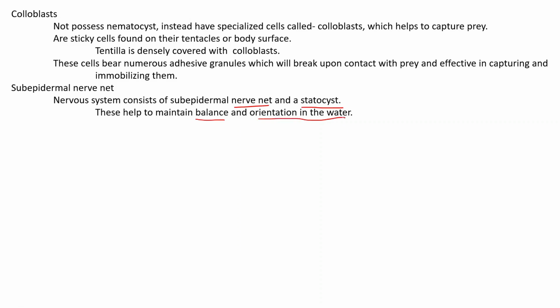And what about its orientation? What is the proper way of its orientation? That is all determined by these two features, nerve net and statocyst. And because of the presence of this nerve net, it can very quickly locate whatever it confronts, whether it is a prey or some other obstacle or anything. So it's sensing.